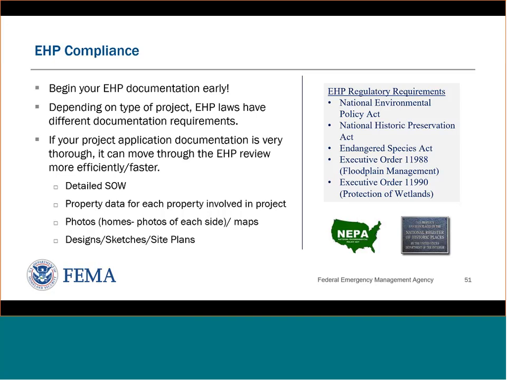So the more thorough the documentation that you have for EHP compliance, the faster it'll move through the environmental historic preservation review process. And that can happen when you have a detailed scope of work, you have specific property data for each property involved.